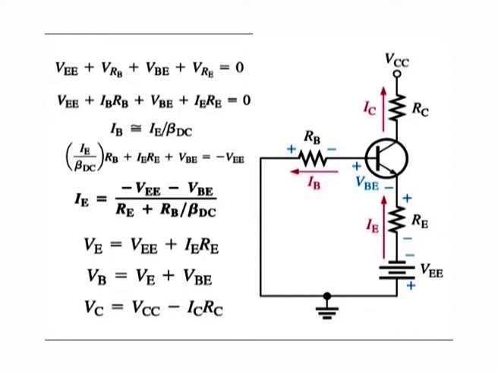Substituting using Ohm's law, VEE plus IBRB plus VBE plus IERE is equal to 0. Substituting for IB and transposing VEE, we get this result: IE over beta DC into RB plus IERE plus VBE is equal to minus VEE. Factoring out IE and solving for IE, we get this equation.